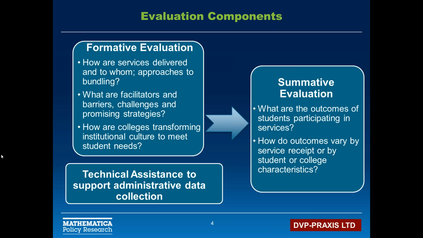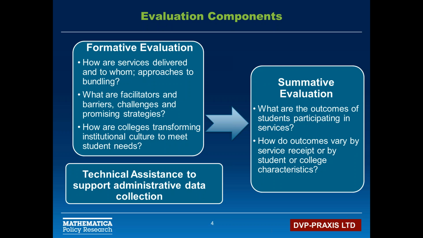And the research questions for the formative evaluation really fall into two buckets. First, we'll start by attempting to describe the operational details of program implementation. So within and across colleges, what is actually being done, who is participating in this program, etc. Trying to really understand, in particular, the various approaches that colleges are taking to bundling their services to meet student needs.